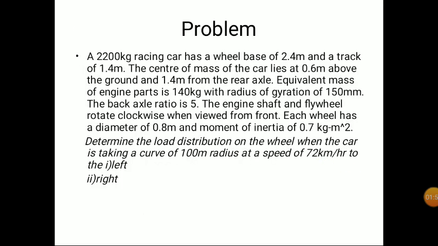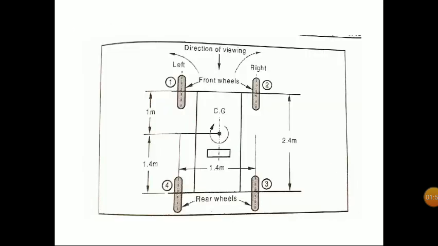X means the distance from the rear wheel to the center of gravity, given in the question as 1.4 meter from the rear axle. So the center of gravity lies at 1.4 meter from the rear wheels. Total is 2.4, so the remaining is 1. So the front wheel lies at 1 meter from the center of gravity.